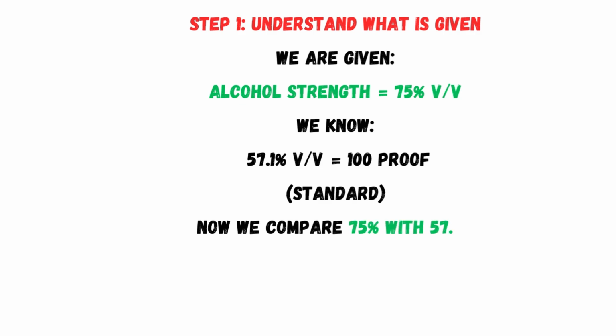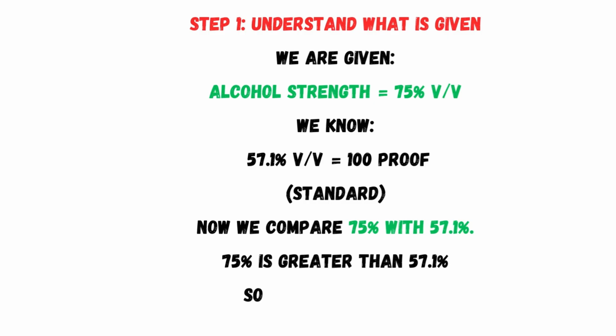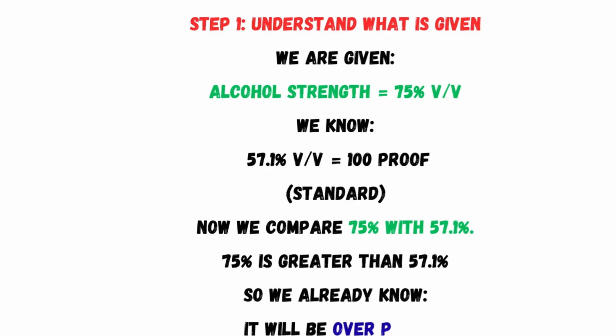Then the standard concentration, that is 57.1% volume by volume. Here we need to compare: 75% is more than 57.1%. So as we already know, it will be overproof. So first you need to identify whether it is overproof or underproof. According to that, we will calculate the further part.